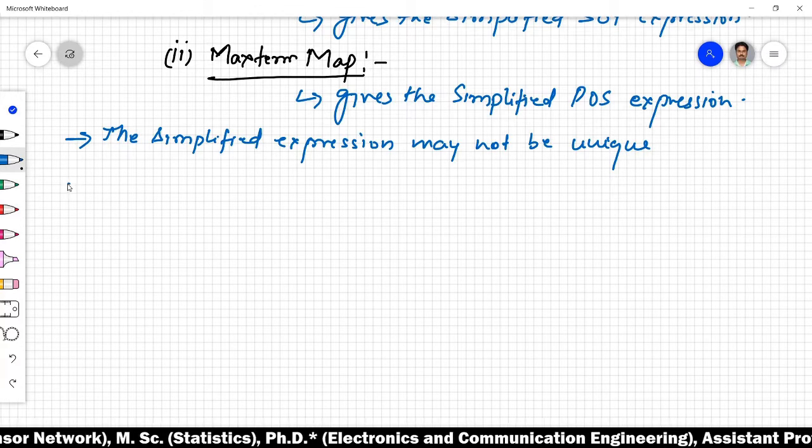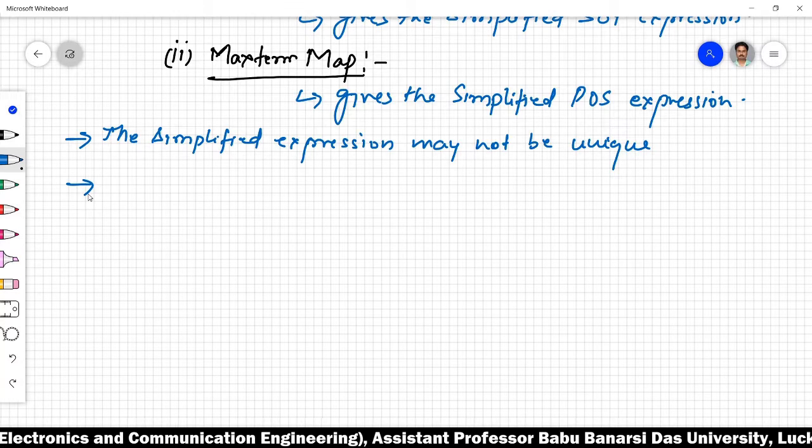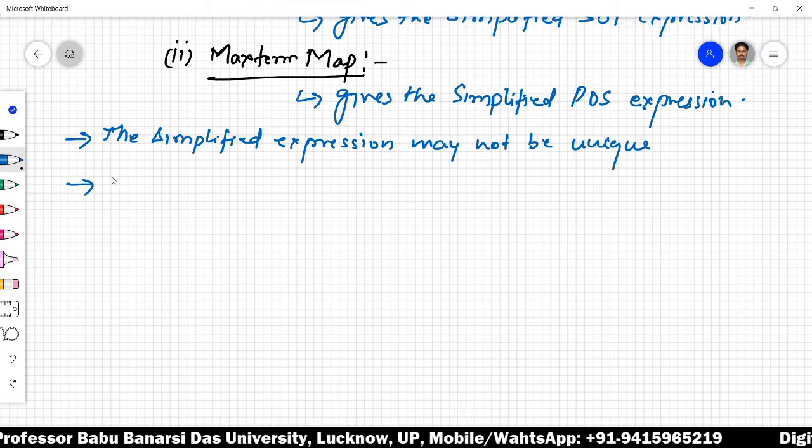Another important thing to know is the literal meaning of simplification using the Karnaugh map. Simplification means we reduce the number of AND or OR terms, by which we also reduce the number of literals present in the Boolean expression.